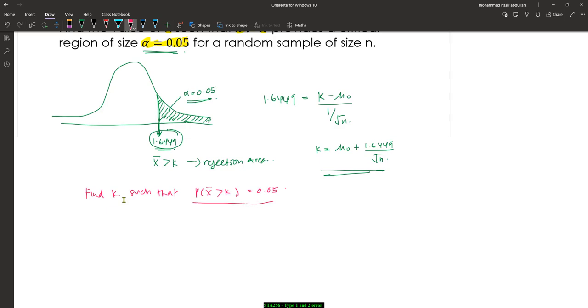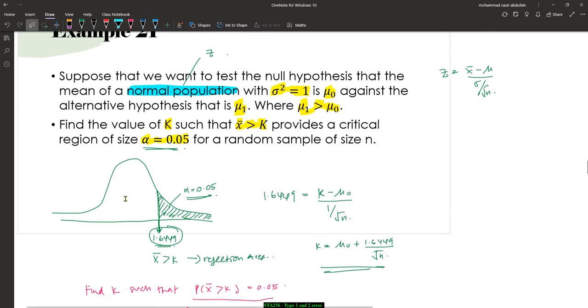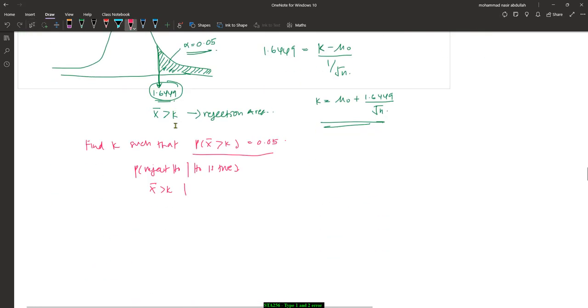Boleh relate ya this one, because it is the probability of rejecting the null hypothesis when the null hypothesis is true, right? So we reject the null hypothesis when x bar is more than or equal to k, and the null hypothesis is true when mu is equal to mu naught lah. Mu naught is the null hypothesis, right? Okay, so this is the condition, the definition yang first kita dapat.